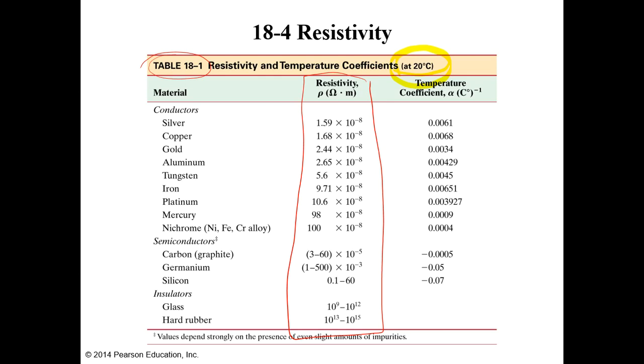In the last slide, I said that resistivity is a property of the material and one other thing. That other thing is temperature. And in order to account for the temperature, we'll have an equation. I'll show that to you on the next slide. But we account for the temperature using this temperature coefficient here, which is also in this table.